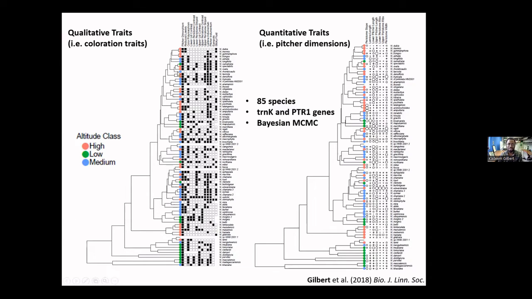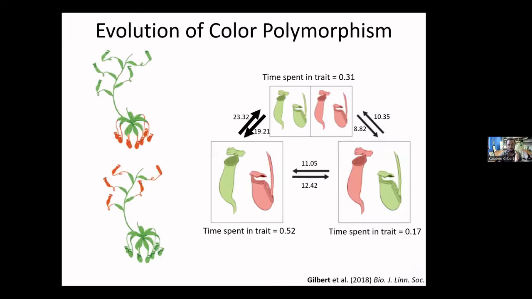And I scored a bunch of different things, including qualitative traits like different coloration features, and then also morphological traits like length of the pitcher, length of lamina, and so forth. And I won't go into all of this today, but I'll just hone in on this story of color polymorphism.